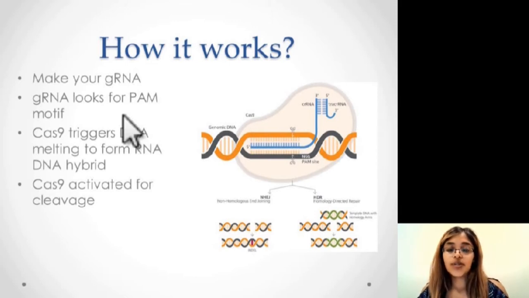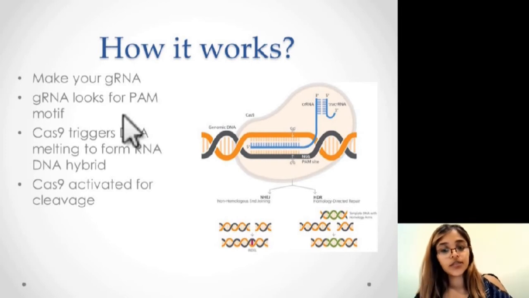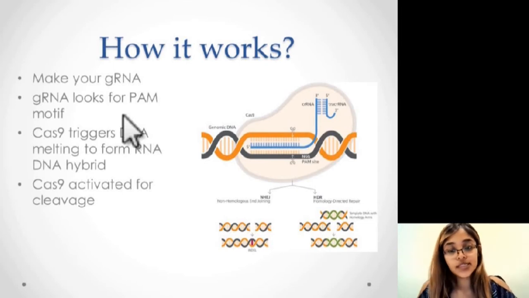Then this triggers the Cas9 to be activated, and it cleaves at the desired sequences or at the desired place. After this cleavage, the cell can either repair itself through non-homologous end joining or through homology directed repair, which is when we grab a donor DNA sequence and incorporate it into the cell.